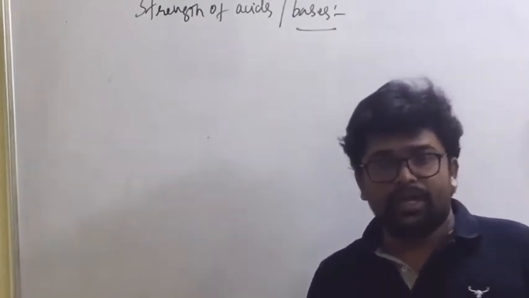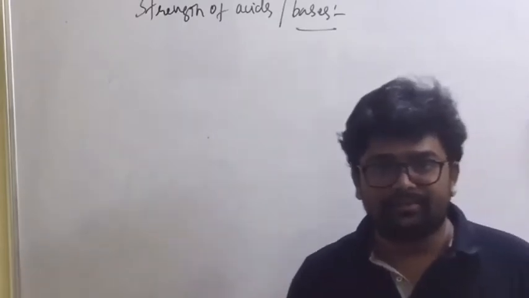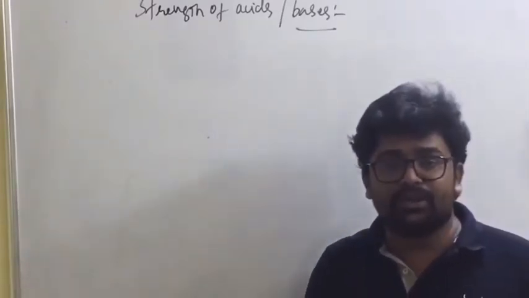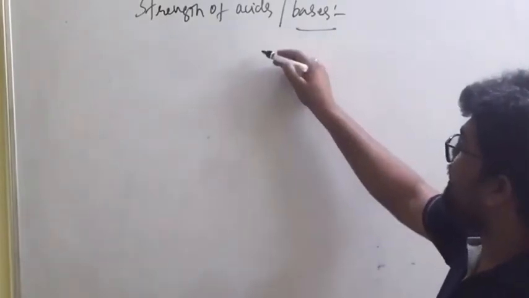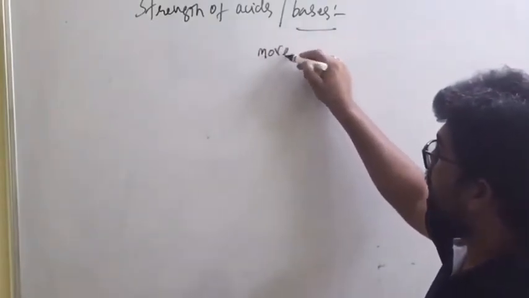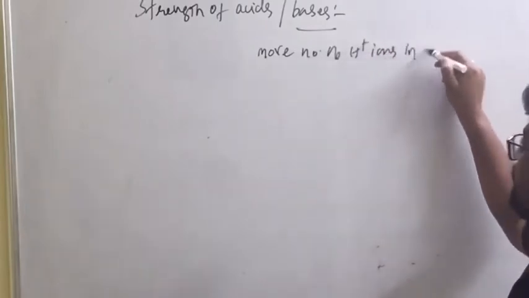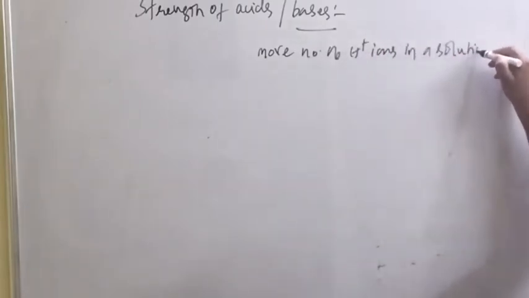An acid is said to be a strong acid if it contains more number of H plus ions in a solution. More number of H plus ions in a solution, we call it as what?